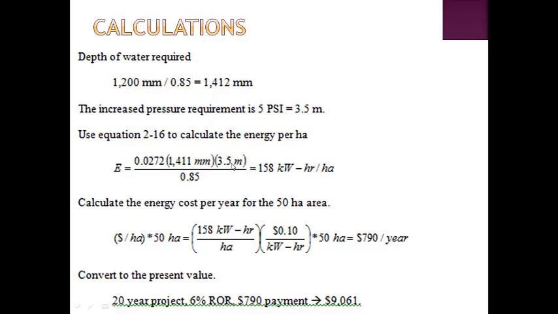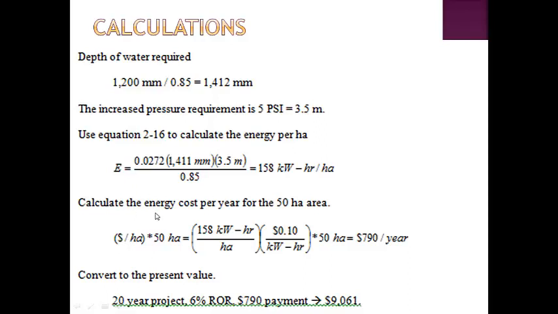There's 3.5 meters extra pressure. The total depth of water required is 1411 millimeters. The coefficient is 0.0272. The pump efficiency is 85%, so there's 158 kilowatt hours per hectare required.